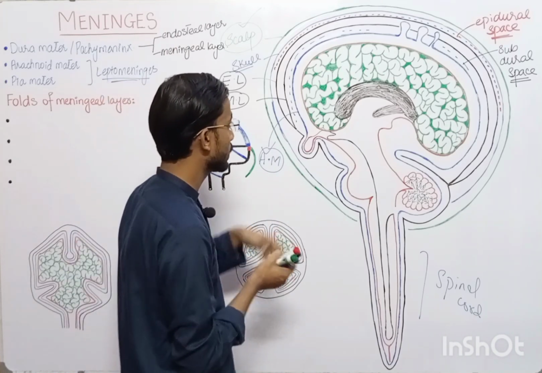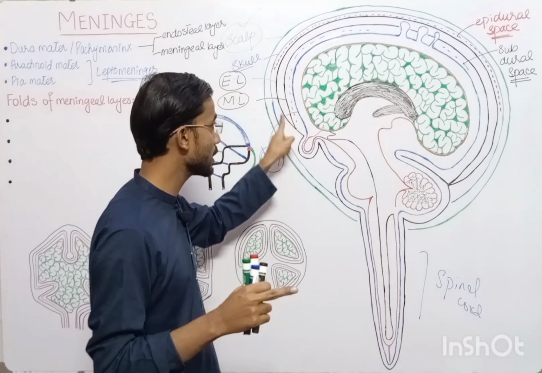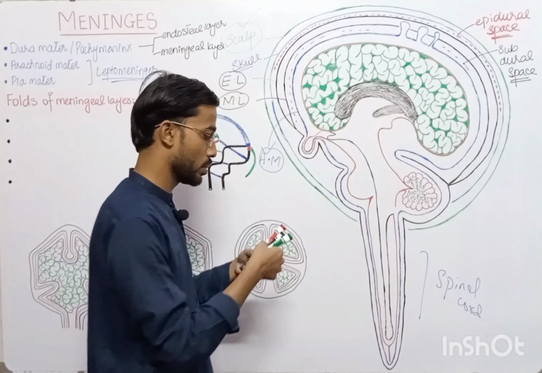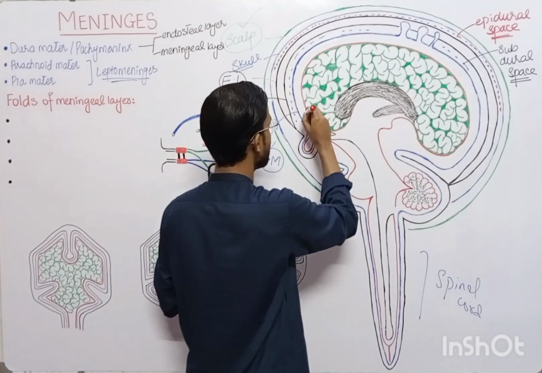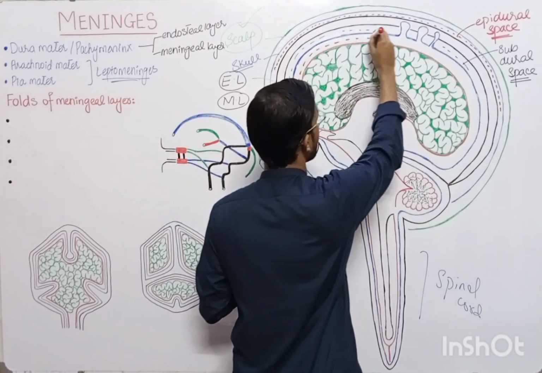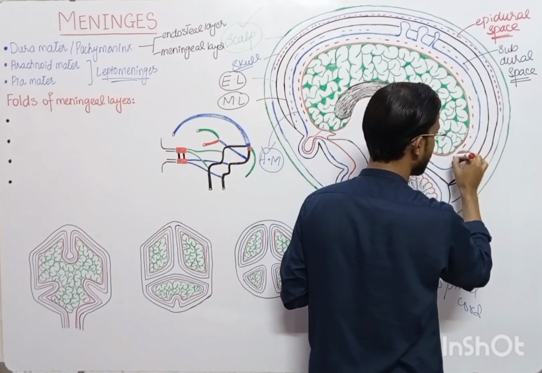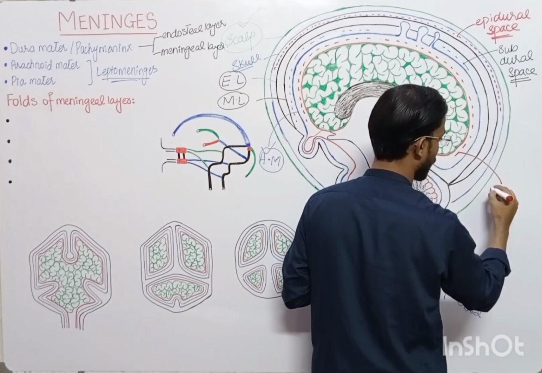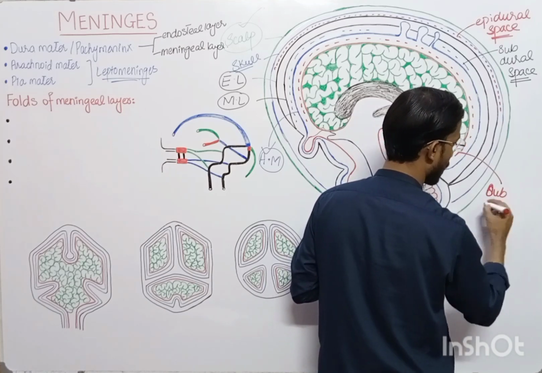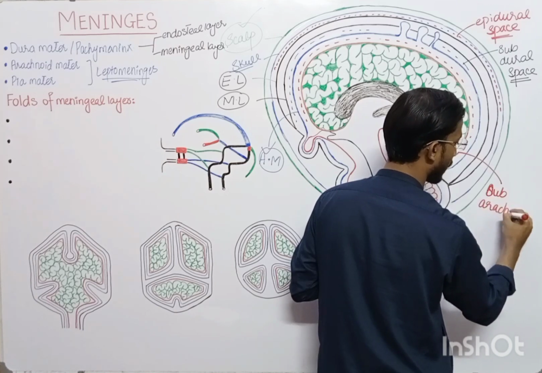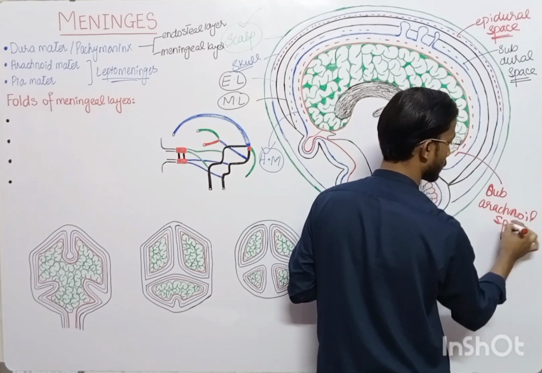Next is another space which is present below the arachnoid matter. Here is the space. This space is actually the subarachnoid space.